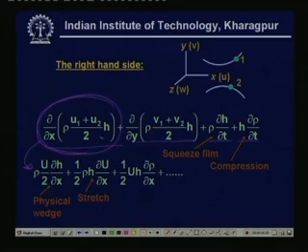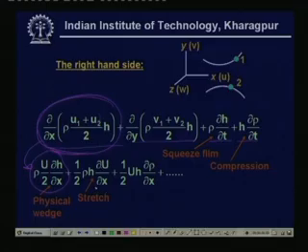Now, in this case we are replacing u1 plus u2 with a capital U. Now, you see this particular term is called a physical wedge. That is, how the film thickness h is changing with respect to x has a name, which is called a physical wedge. So, this is one of the pressure generation mechanisms.